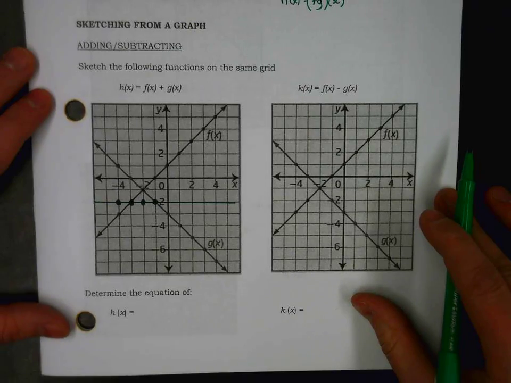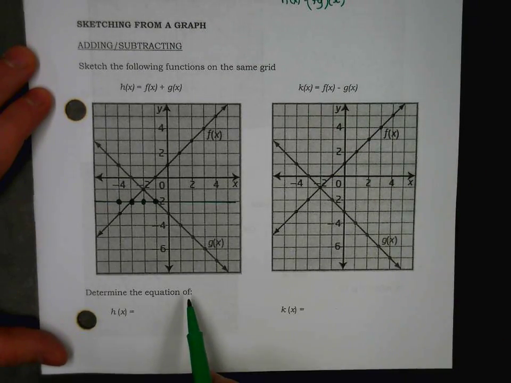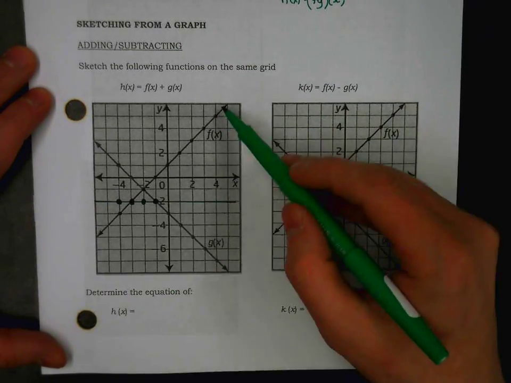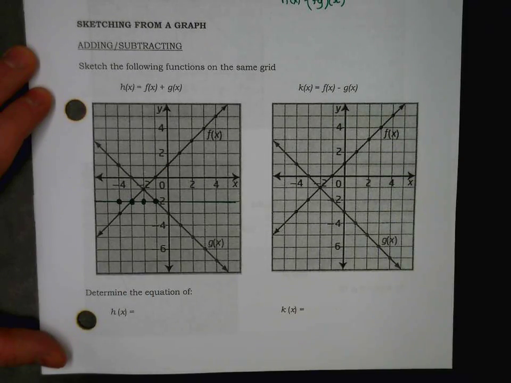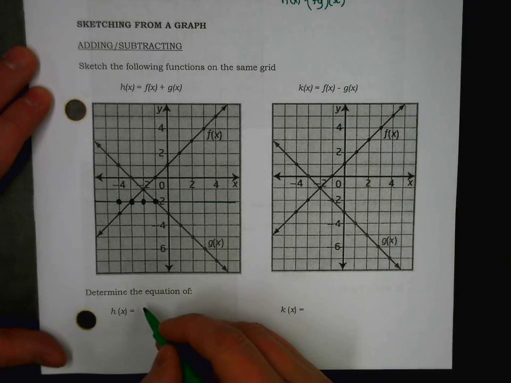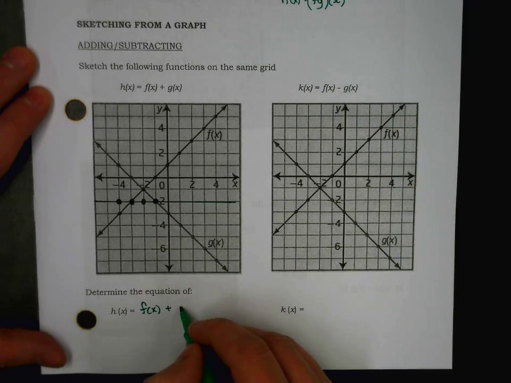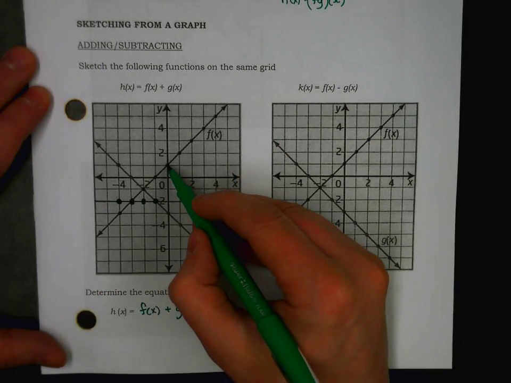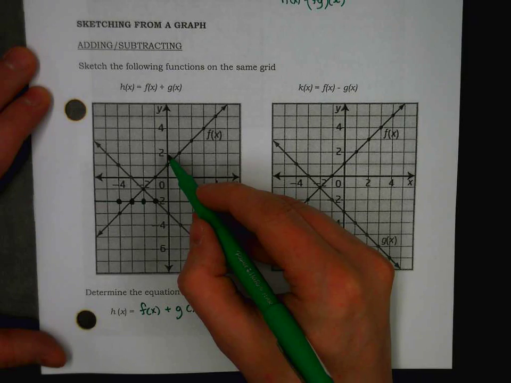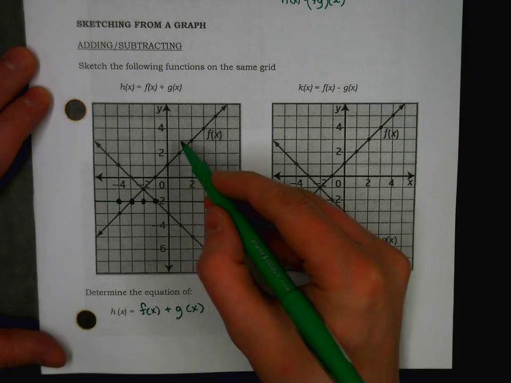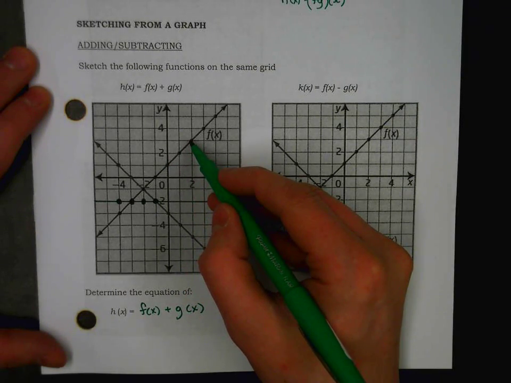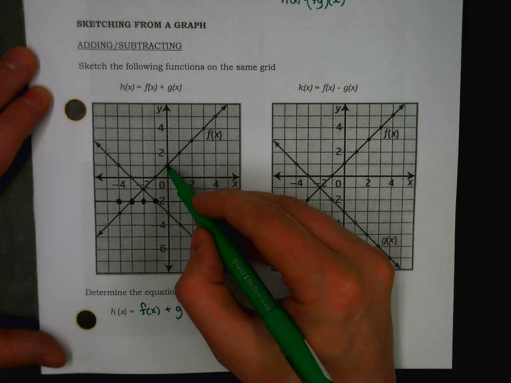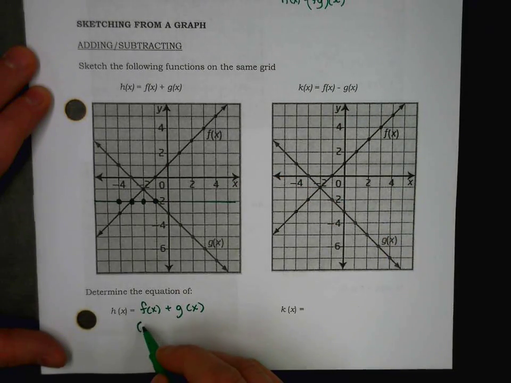And in fact, we can confirm this by generating an equation, using slope-intercept form to generate the two equations of the lines. So we're looking at the sum of f of x plus g of x, where f of x has a y-intercept of 1 and a slope of rise 1, run 1, a slope of 1. So a y-intercept of 1 and a slope of 1 means our equation is x plus 1.